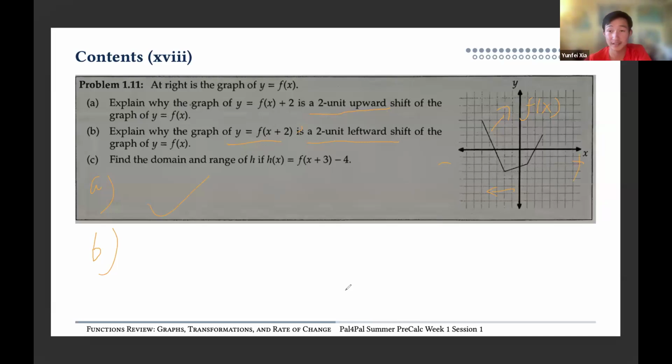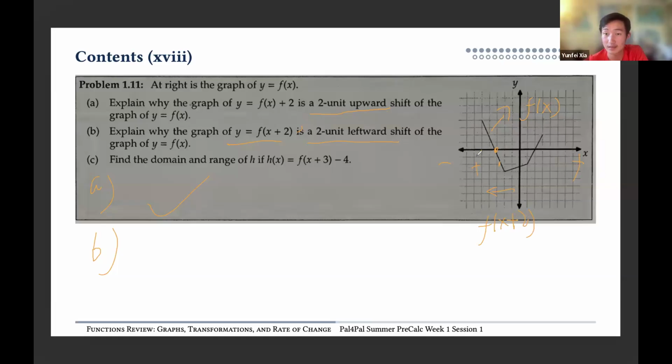Like I said, the way I would understand it is to consider a specific point on this. How about this? Let's consider this point. So then you're having f of x plus 2. Then this point, when 2 is added on the x component, its y component will be 0, right?